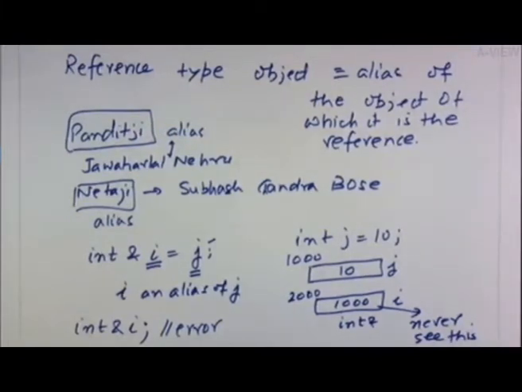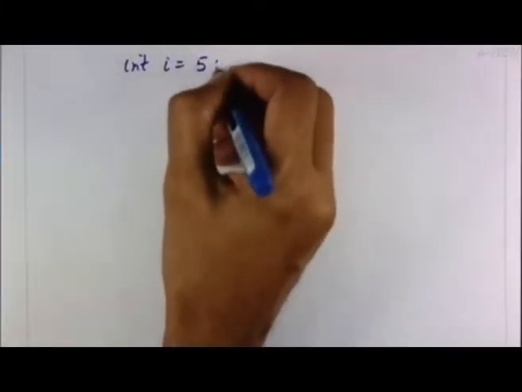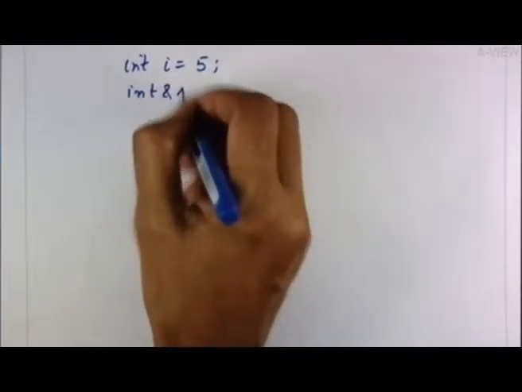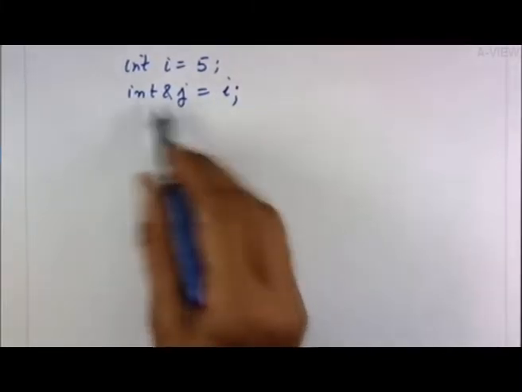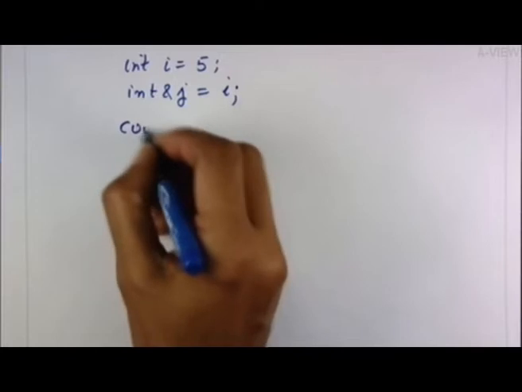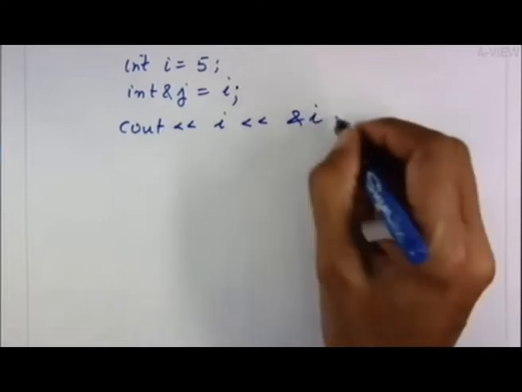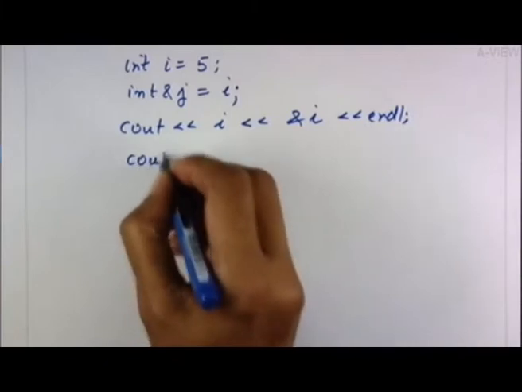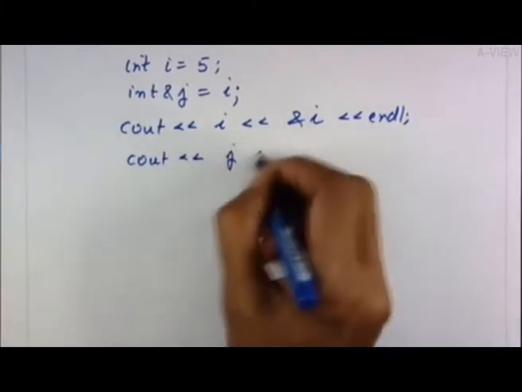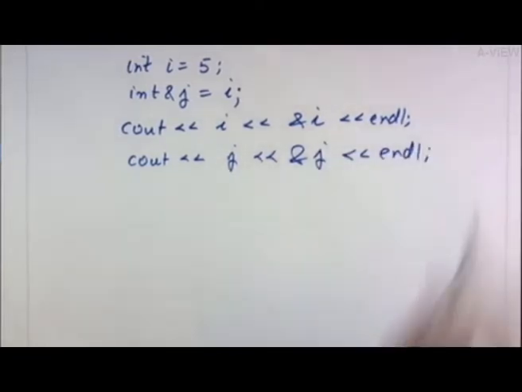What do I mean by this? Let me give you another statement. So here is int I equals 5, int and j equals I. I've created a proper reference type j of the object I, and if I do cout less than I, less than ampersand I, less than endl, and if I do the same thing with j, you can check for yourselves, the values are identical.